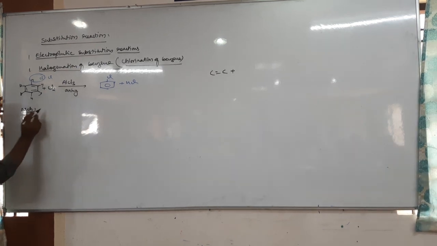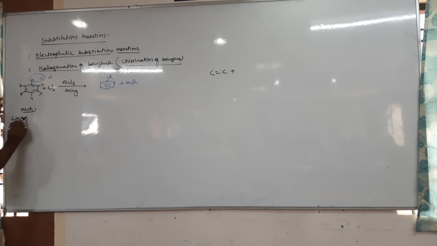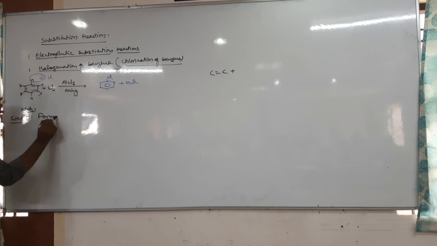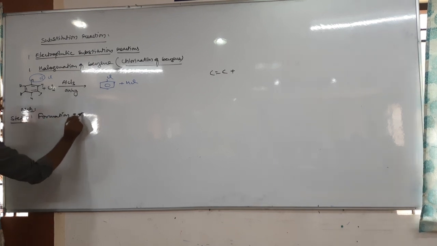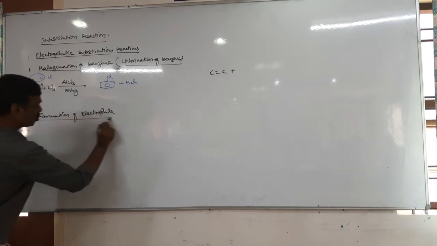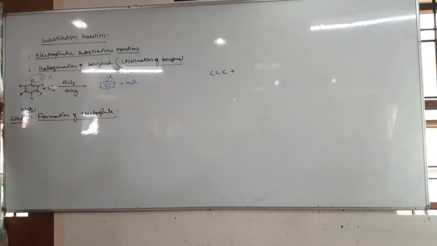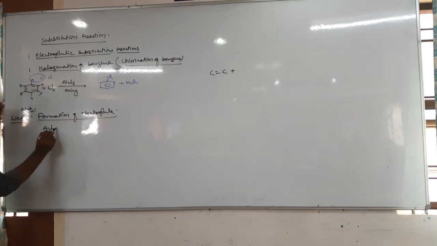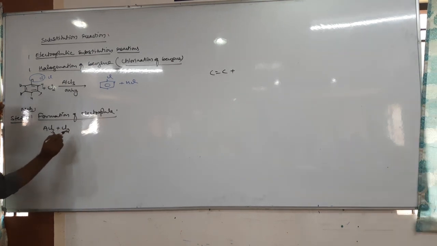It takes place in how many steps? 3 steps, already we have studied. Step 1, formation of electrophile. Here AlCl3 reacts with chlorine.